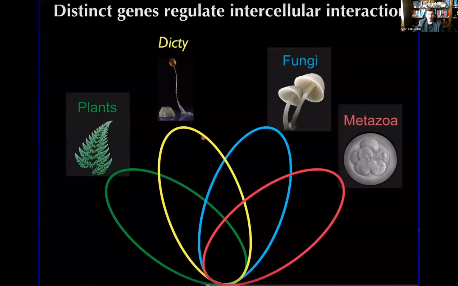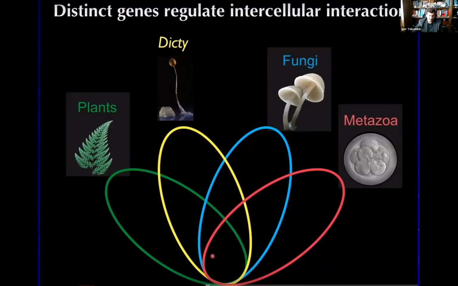All right, so here we have all of the eukaryotic groups which we covered. Some of the genes are shared among all of them. But as you can see, the fungi and the metazoa share more genes. The overlap of those circles or ovals between the fungi and the true animals is much larger than, for example, animals and the plants.